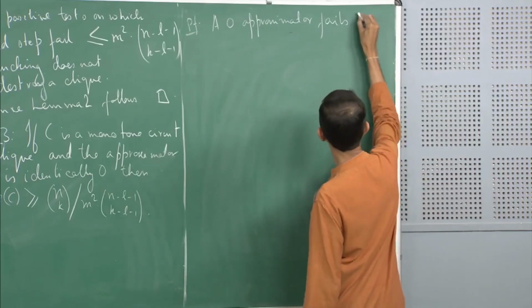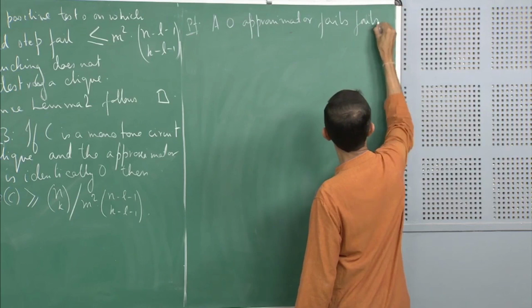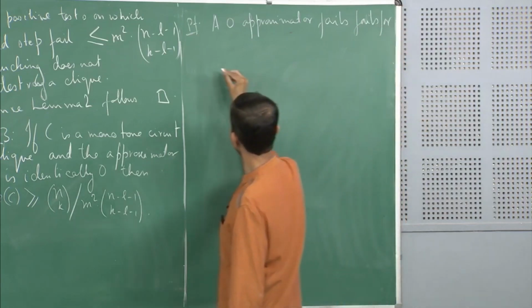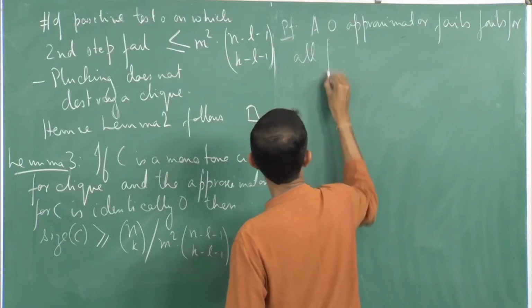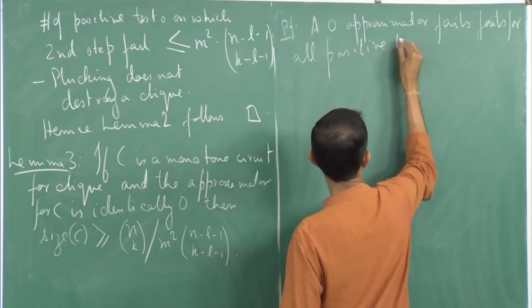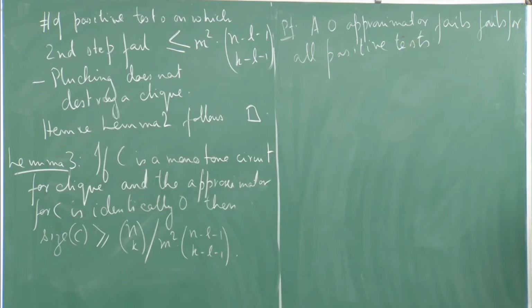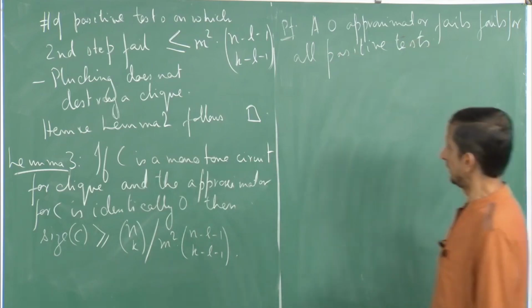So, a 0 approximator fails for all positive tests, all positive test graphs.